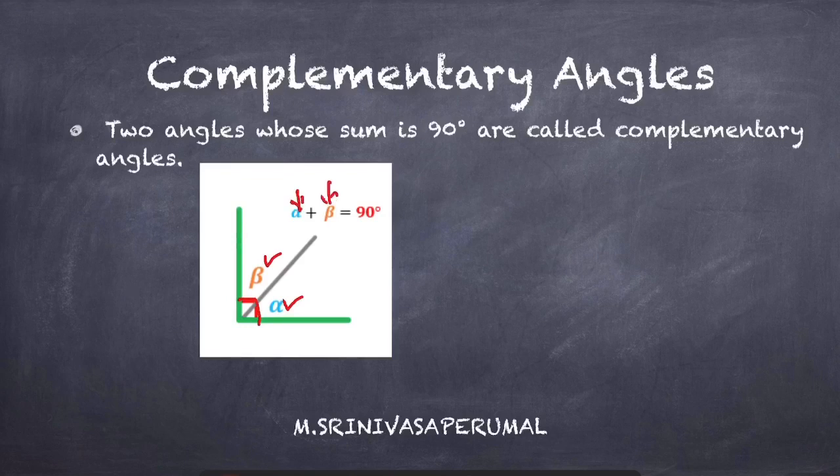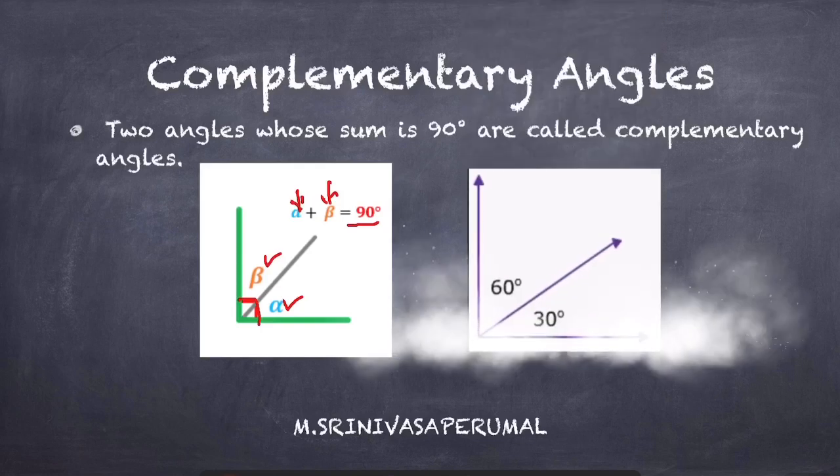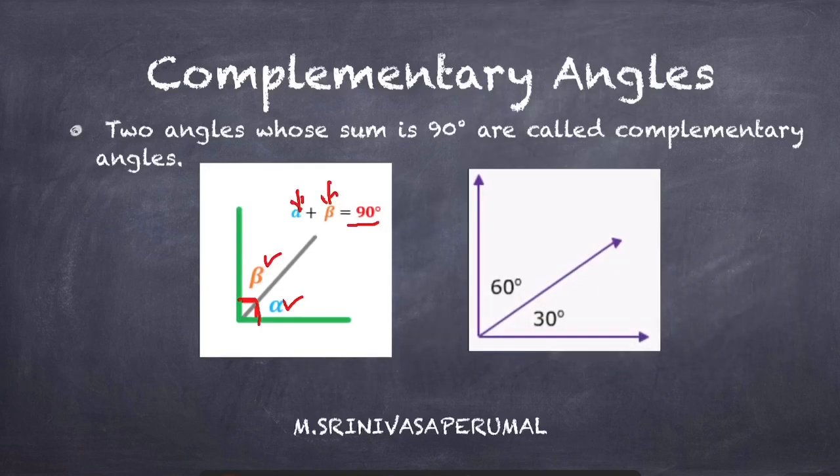Adding these two, finally we get 90 degrees. Consider a small example: angle AOB is equal to 30 degrees and angle BOC is equal to 60 degrees. Adding these two, finally we get 90 degrees.